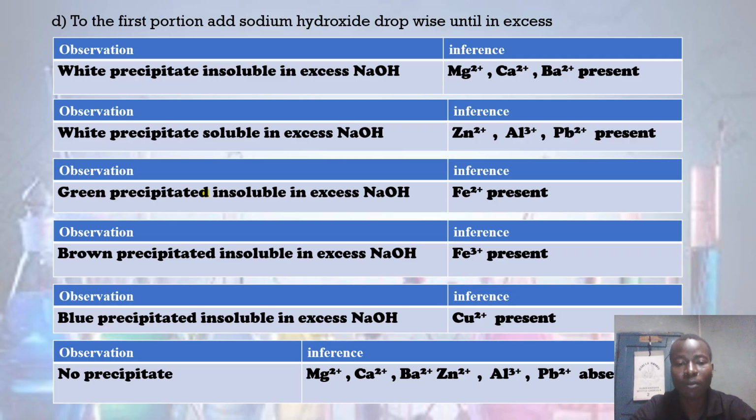We were expecting magnesium ions, calcium ions, barium ions, zinc ions, aluminium ions, and lead ions to form a precipitate. Since we have not formed a precipitate, we say that those ions are absent. Because remember, I told you that when you are making an observation, you should first of all have an expectation.